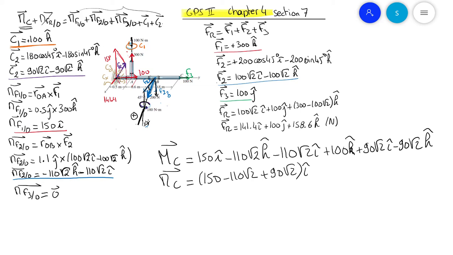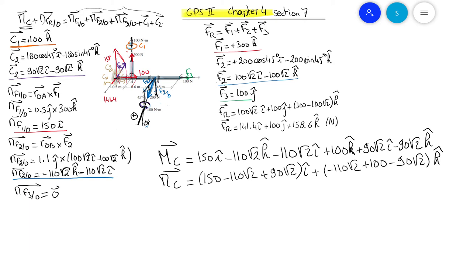On J, there's no rotation. That makes sense because all the forces go through the J axis, so they don't create any rotation about J. And for K, minus 110 square root of 2 plus 100 minus 90 square root of 2.